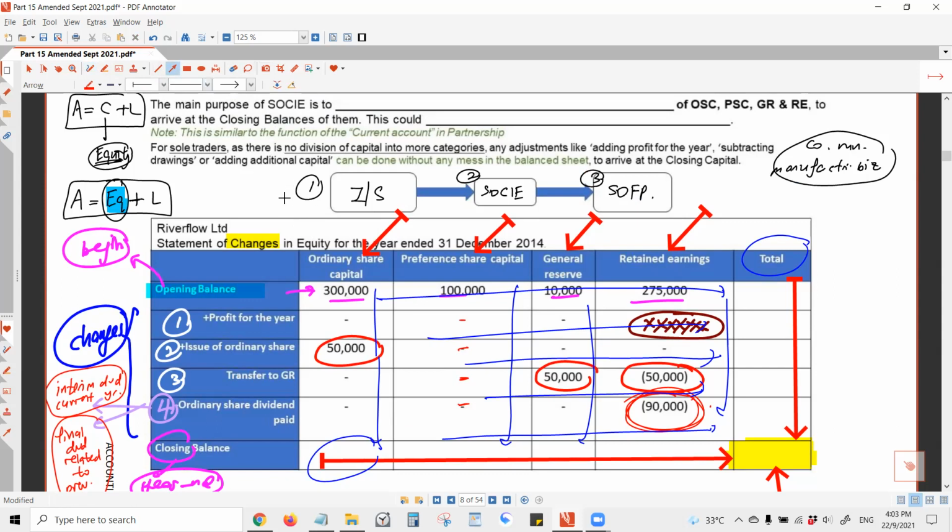Before preparing the income statement, you have to prepare the manufacturing account. Make sense? Though I've not seen questions like this before where they give you both manufacturing and company, it is possible to come out in the exam. Prepare manufacturing account first, then income statement, then SOCIE, then SOFP.